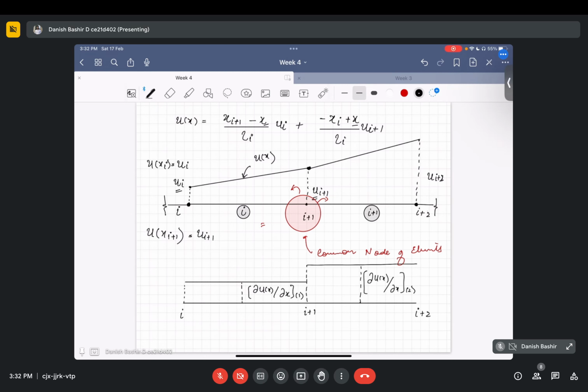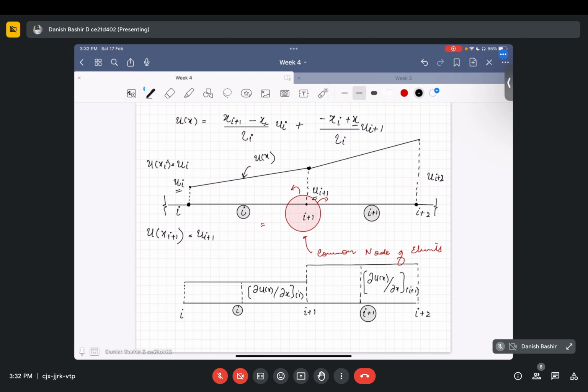So sorry, not element 2, it will be the I plus 1th element. This is again the I element, this is the I plus 1th element. So this is the ith element, this is the I plus 1th element.